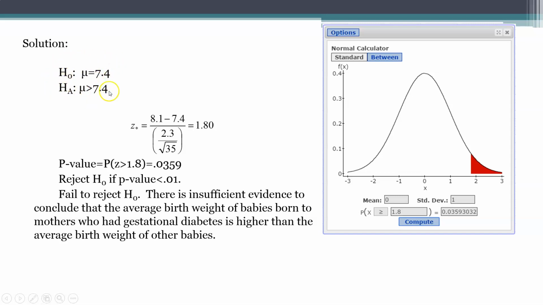Okay, so these are our hypotheses, and then here's our evidence. This is how we know what to conclude, and this is our conclusion. All right, so you want to put those in order, and I want you to show all of those steps.